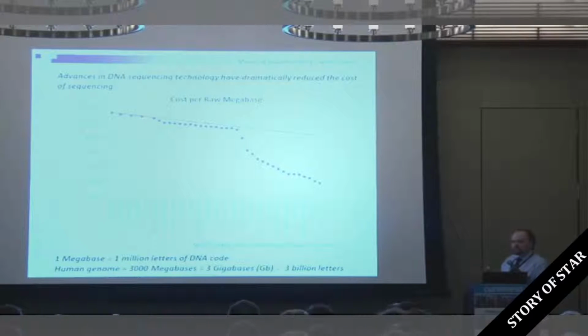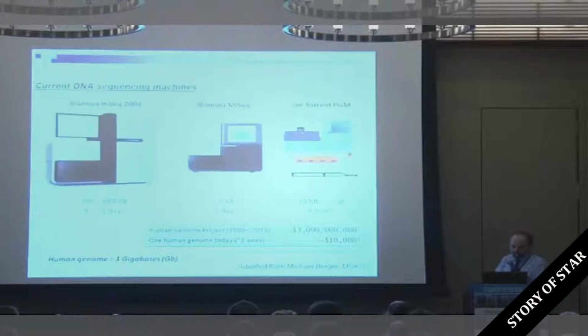So the human genome is 3 gigabases of sequence. The cost per megabase in 2001 was $10,000 and is now about 10 cents. So there's been an amazing technological progress here that really makes it possible to do things that you couldn't even think of before.